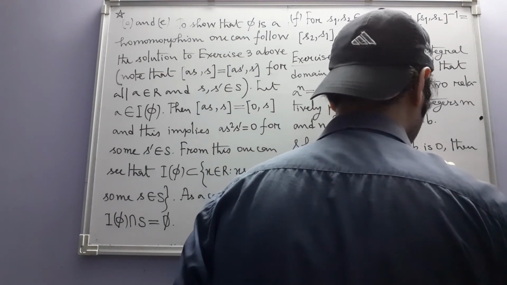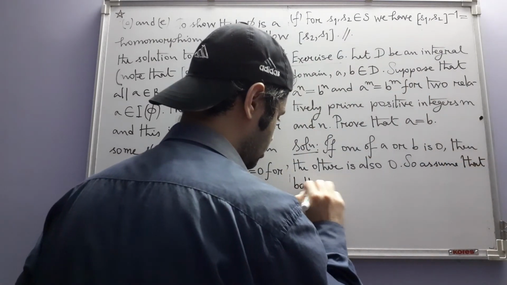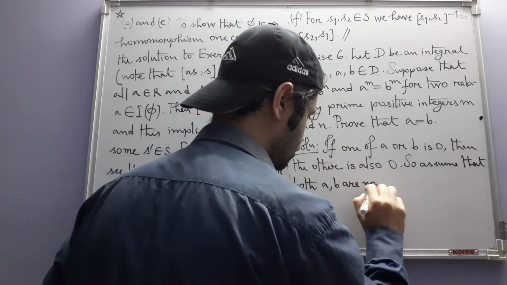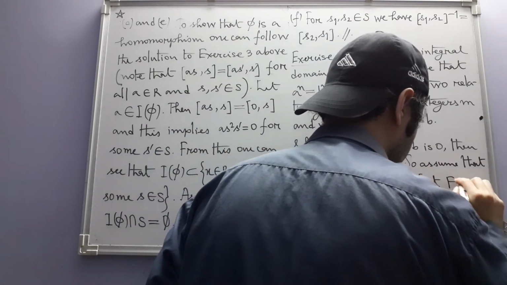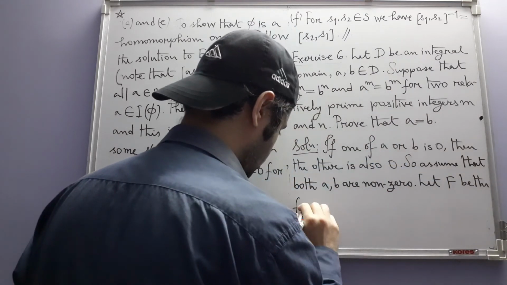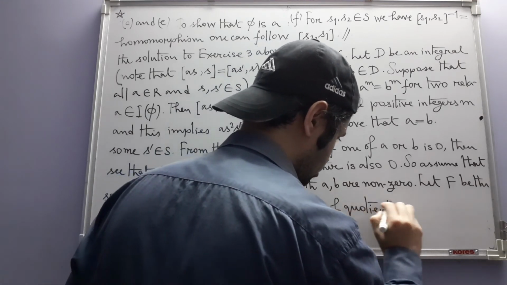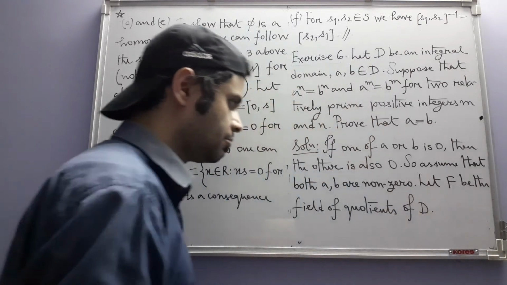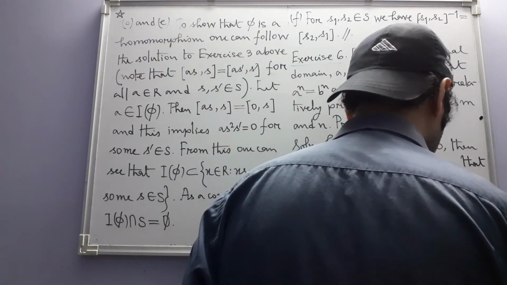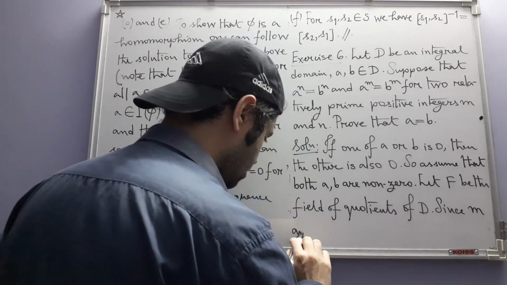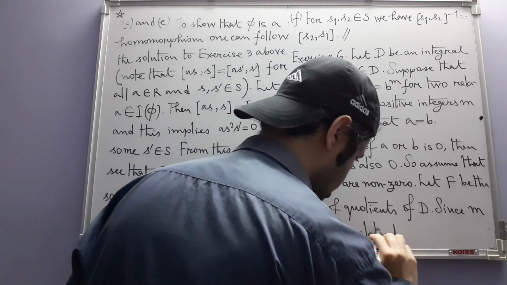So assume that both A, B are non-zero. Okay, now let F be the field of quotients of D, which we know will contain D in a sense, since m and n are relatively prime.